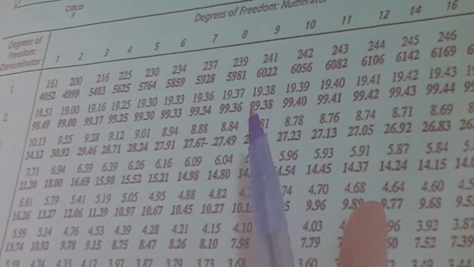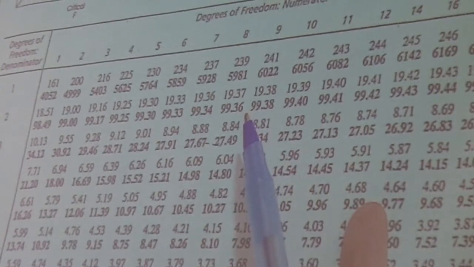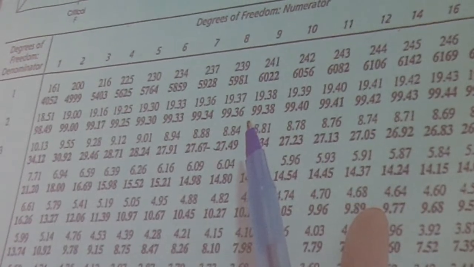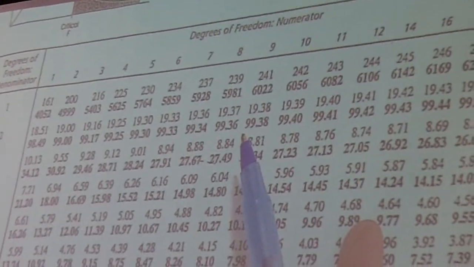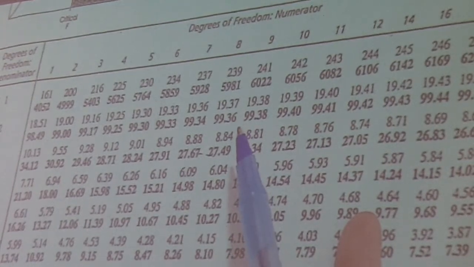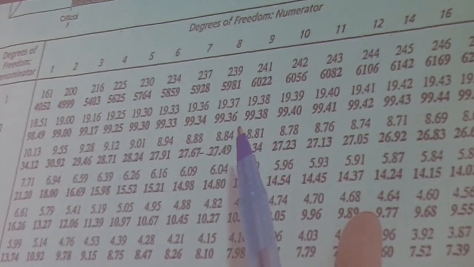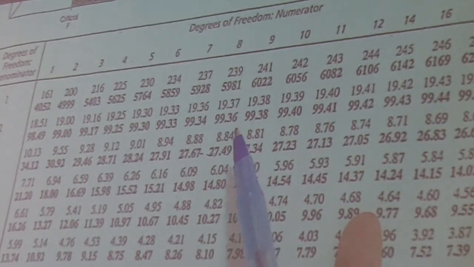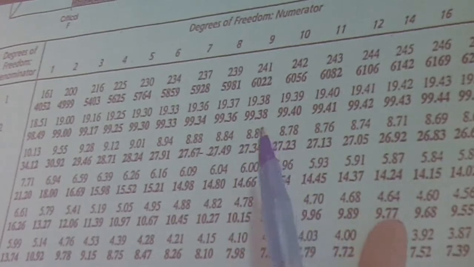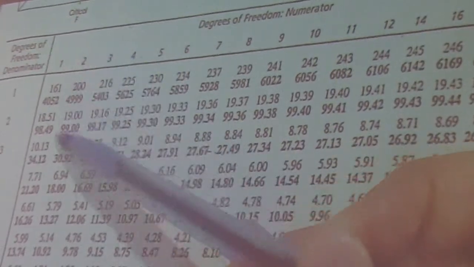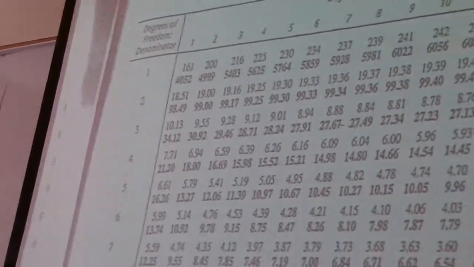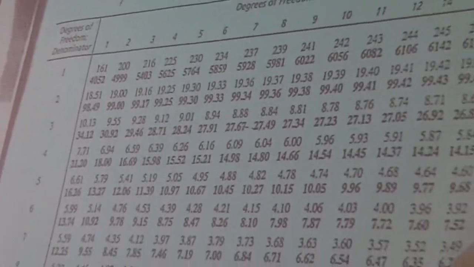It's the formula for F observed. F observed is calculated as a ratio, a fraction. Whatever kind of thing you have on the top, use that degrees of freedom for the numerator, and whatever you have on the bottom, use that for the denominator. So our degrees of freedom numerator is 2. And what's our degrees of freedom denominator? 8. Yeah, it's 8.